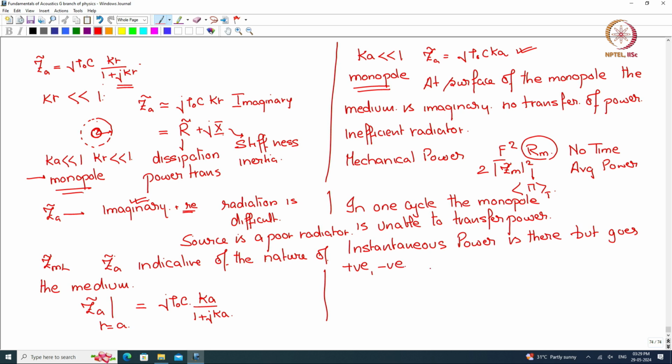That means the monopole radiates part of the time and takes it back part of the time. So on an average there is no power transfer.